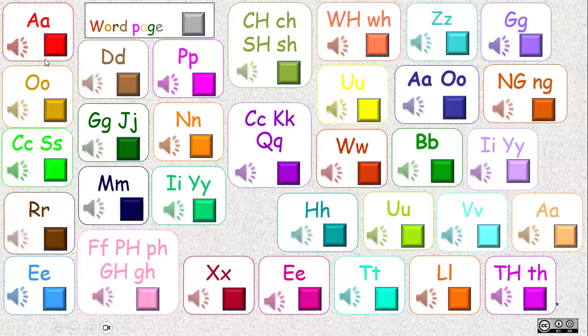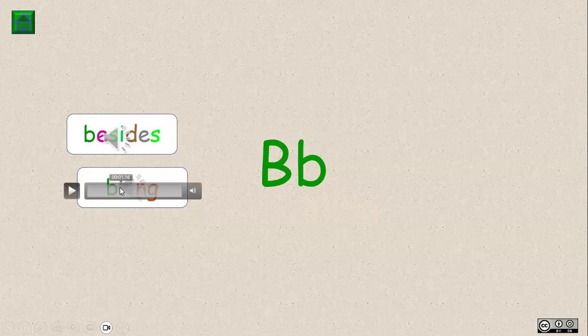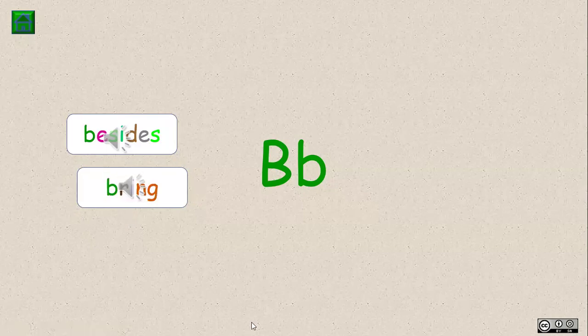Find that first green B where it says B, b, b. Go to that page, and we find bring. It sort of blends in with the R, but it's two separate sounds.